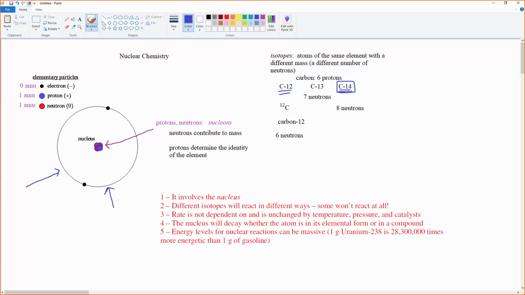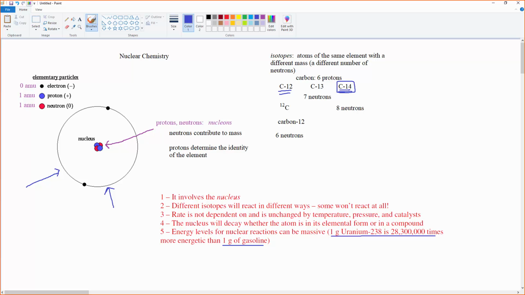Not because it doesn't produce any waste, but because it's so energetic that you can get a lot more energy out of it as compared to the little amount of waste that can be produced. So I love this as a really good comparison. And this is just for fission as well. Fusion is also excellent and cleaner.